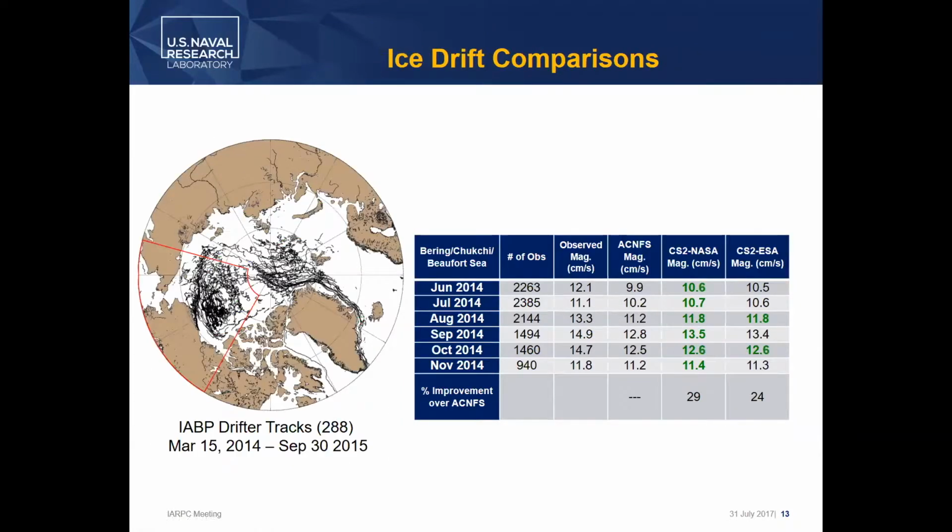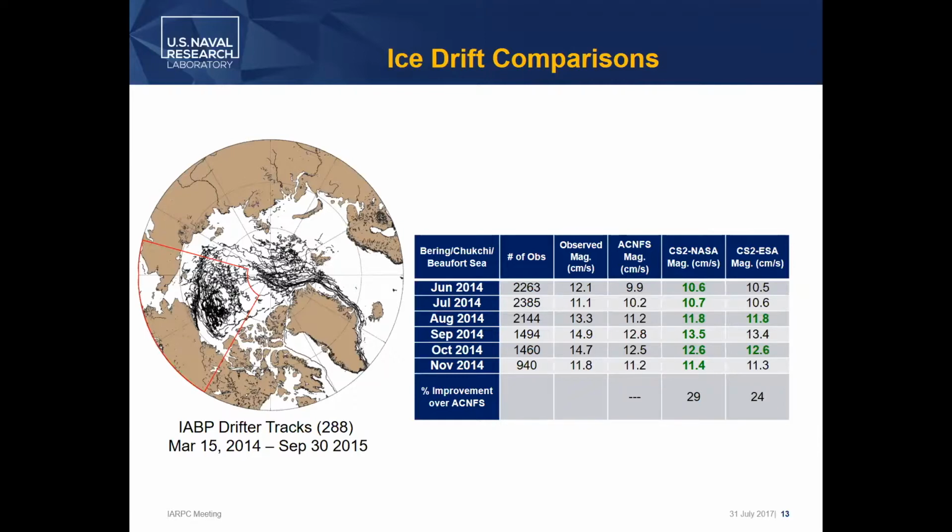Okay, now slide 13. The last thing that we looked at was how the ice drifts compare. Since we have maybe more realistic ice thickness, it's thinner. If we're applying the same wind on that ice, we would expect the ice drifts to pick up. We looked at the Pan-Arctic ice thickness and ice drift, and I don't show that here. We really didn't see any improvement, which was a little disappointing.